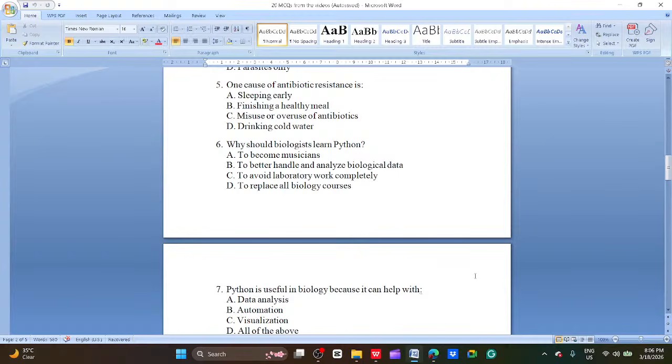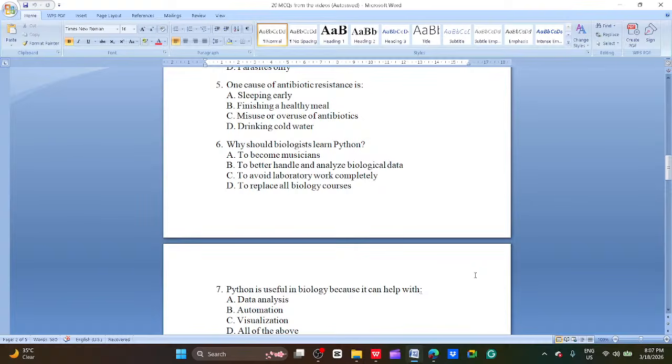The options include sleeping early, finishing a healthy meal, misuse or overuse of antibiotics, drinking of cold water. Whichever is the correct option, just paste it in the comment section.